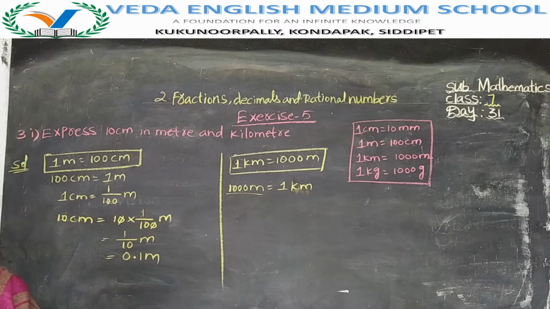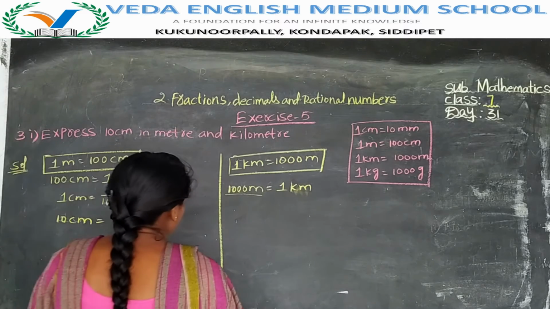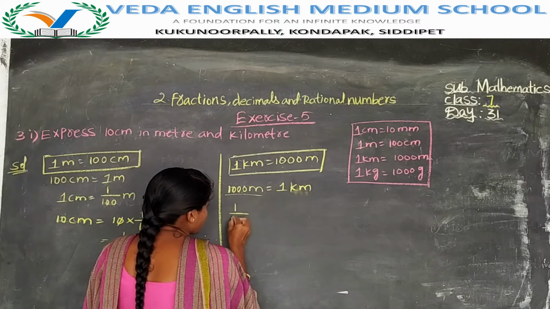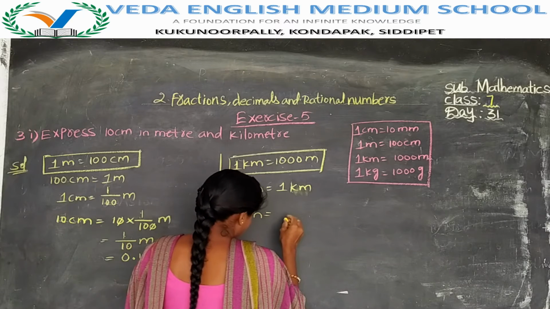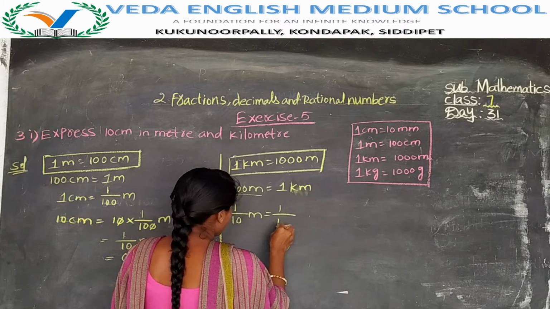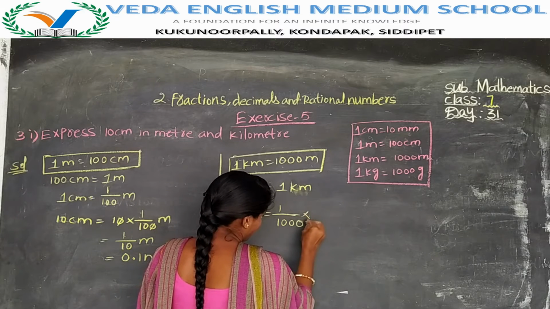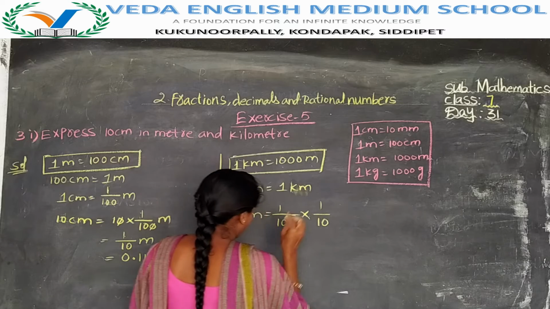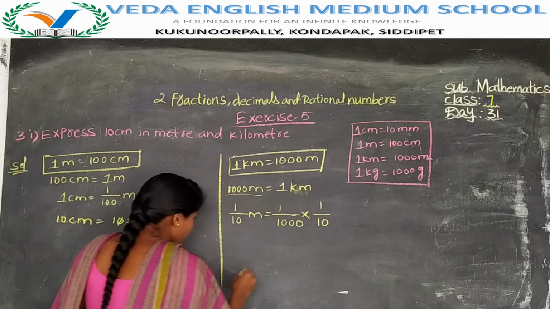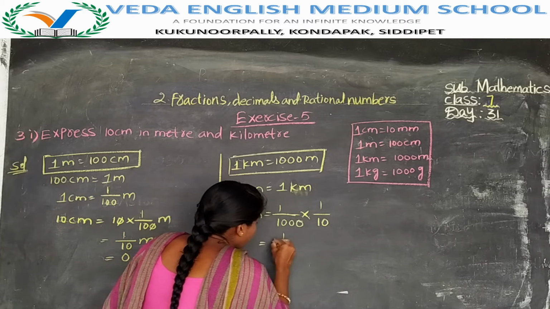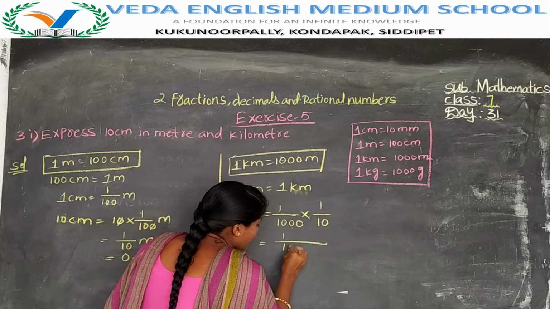Now 1 by 10 meters is equal to 1 by 10 into 1000 kilometers. 10 into 1000 gives 10,000.